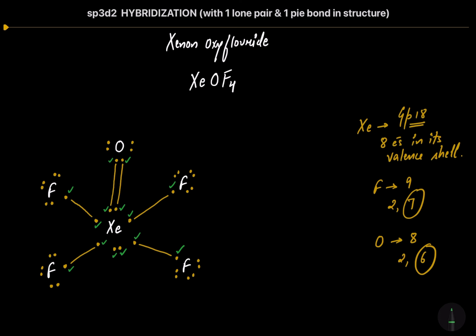That means xenon has attained 14 electrons in its valence shell after the formation of 1,1 bond with 4 fluorine atoms and 2 bonds with 1 oxygen atom.